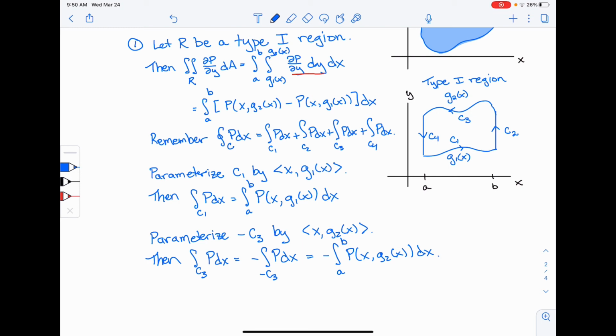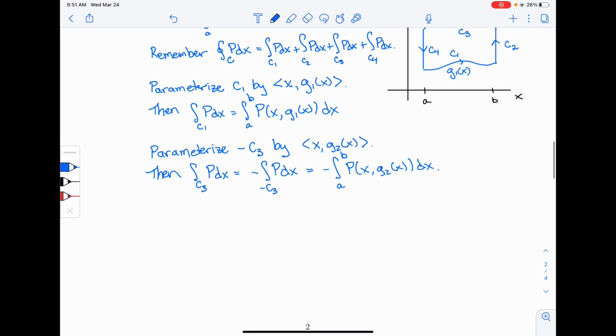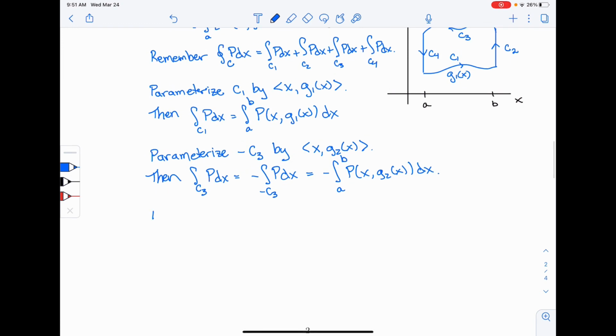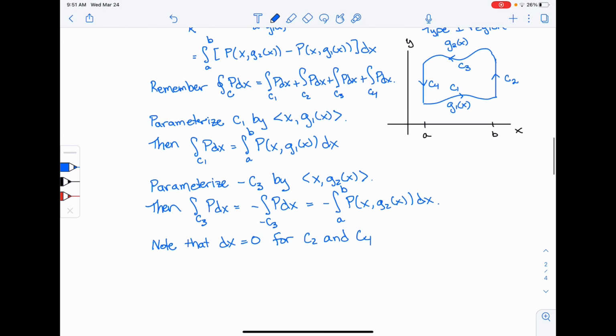Okay, so I've now computed the integral over c1, and I've computed the integral over c3. What about c2 and c4? Well, I'm going to note that dx equals 0 for both c2 and c4. So look at these vertical paths here.